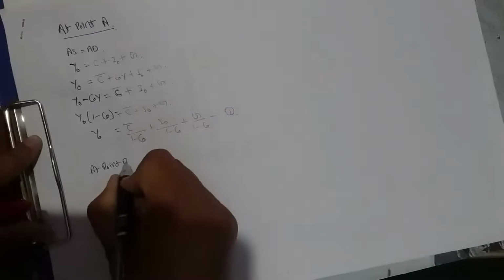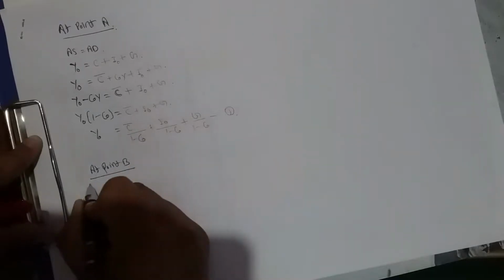At point B, aggregate supply dash is equal to aggregate demand.